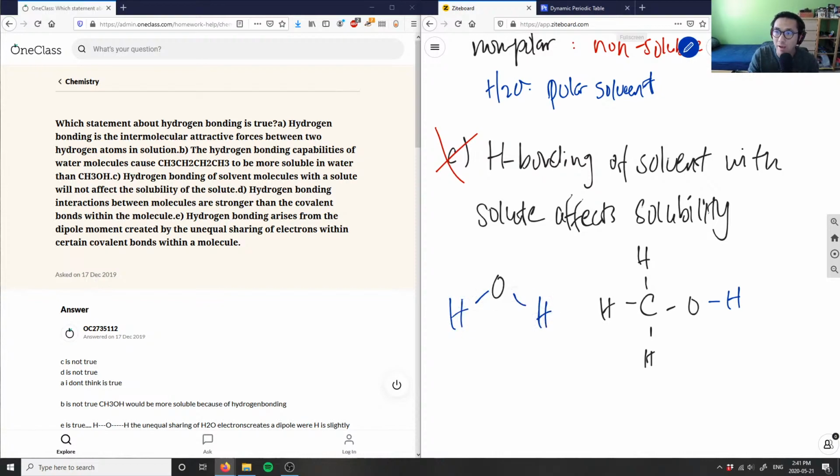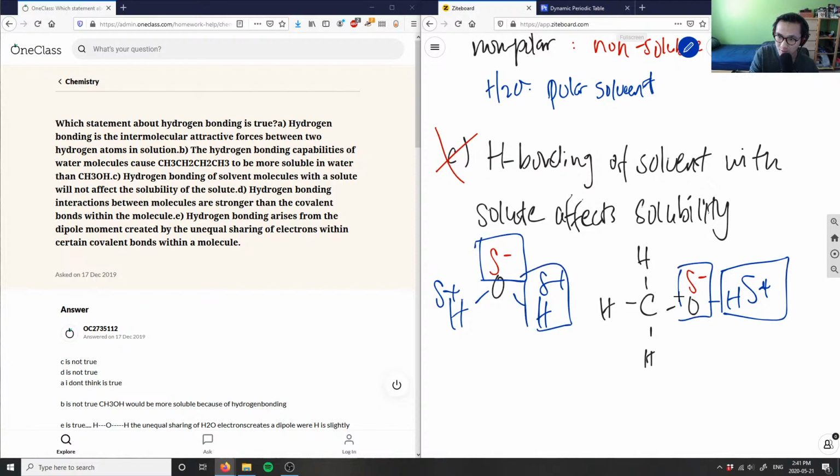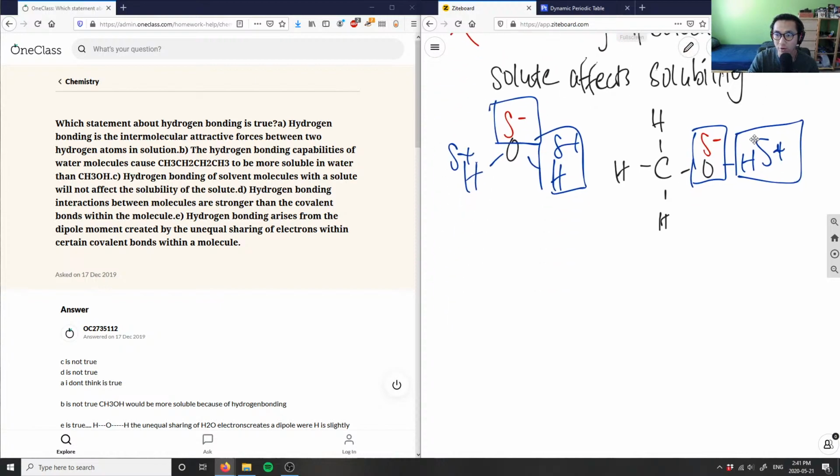Again, this is a partial negative charge and this is a partial positive. So these are going to be attracted. This hydrogen is going to be attracted to these water molecules, and these hydrogens are going to be attracted to this oxygen. So this is the hydrogen bonding that exists between the solvent and the solute. So C has to be a false statement.